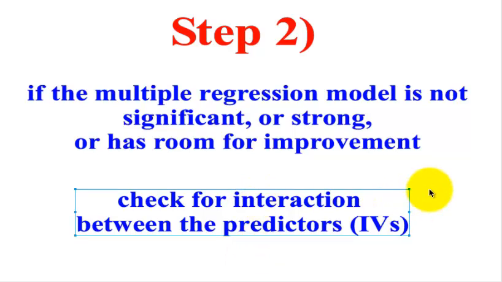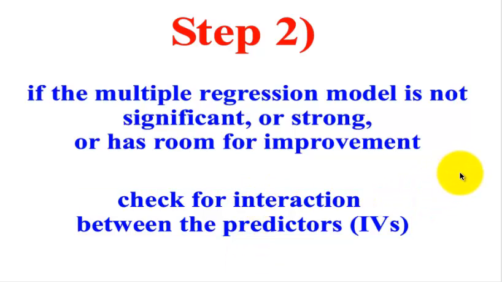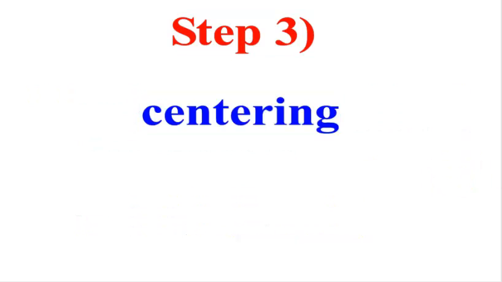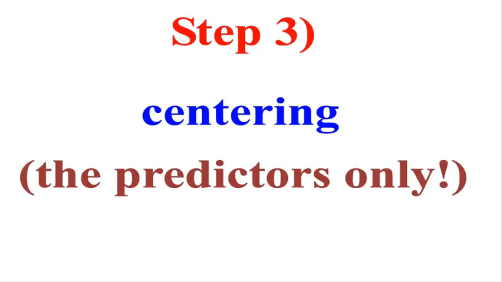All right, this is where we check for interaction between the predictors in a multiple regression model. Step 3, centering. Real briefly, centering you only use on your IVs in a multiple regression model, only on the predictors, and they have to be continuous variables.